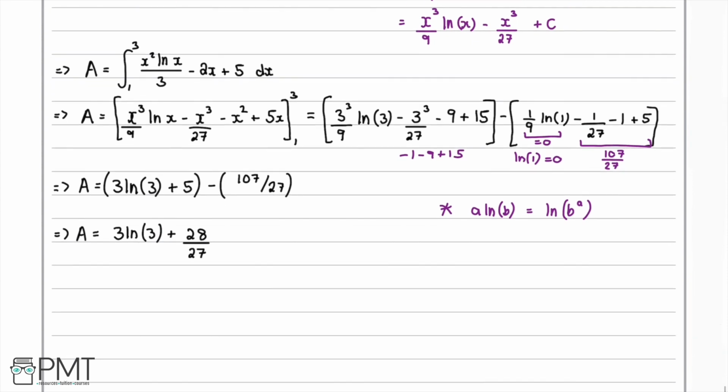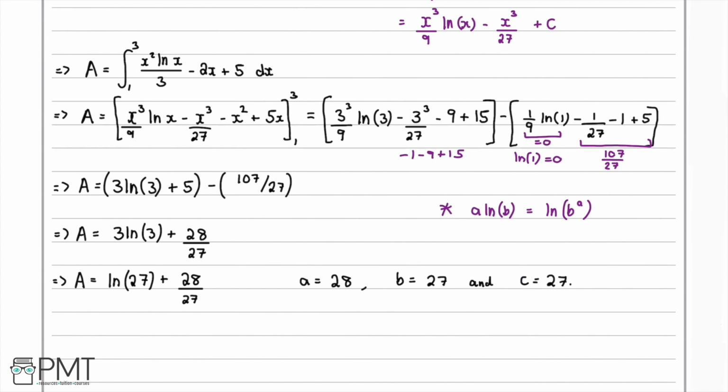So then that means we can take this one step further and write ln 3 to the power of 3, which is 27, plus 28 over 27. So therefore we can say that a is equal to 28, b is equal to 27, and that c is equal to 27 also.